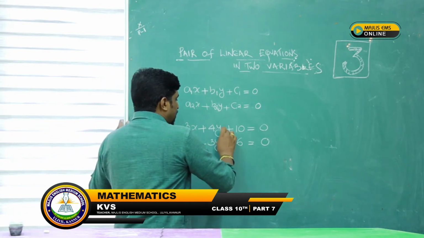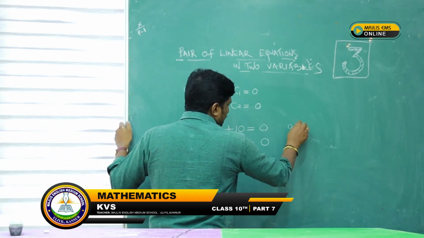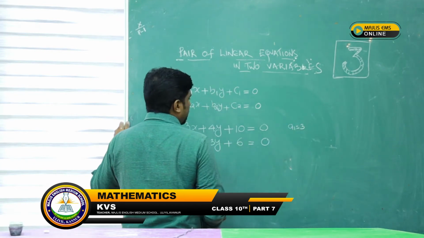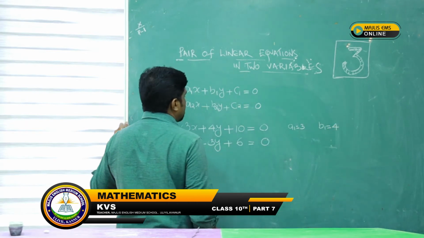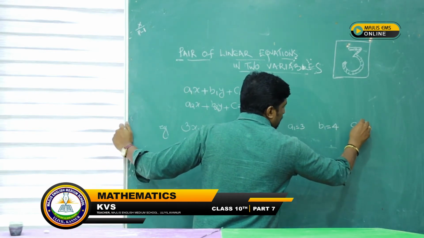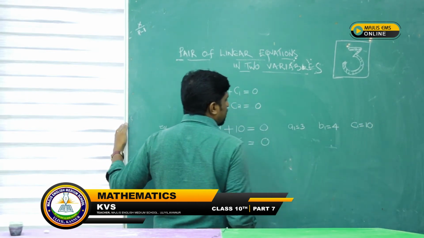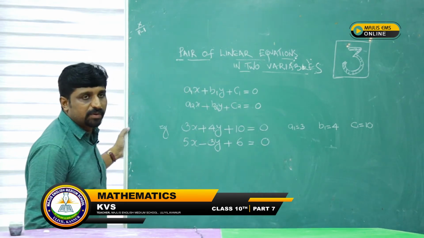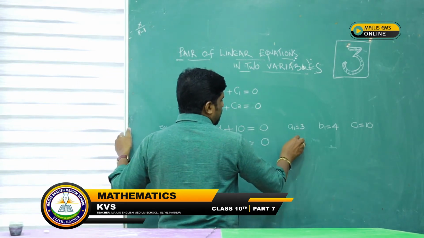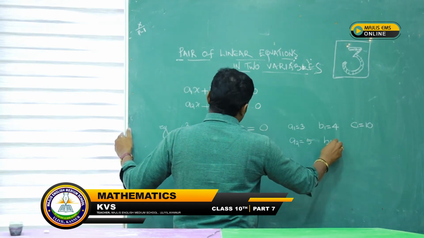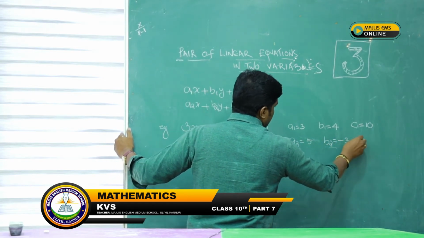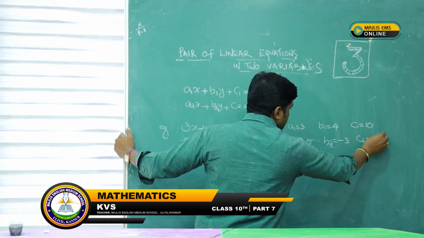Here, when we consider the first equation, a1 equal to 3, b1 equal to 4, and c1 equal to 10. We got a1, b1, c1. Same way we can find a2 equal to 5, b2 equal to minus 3, and c2 equal to 6.